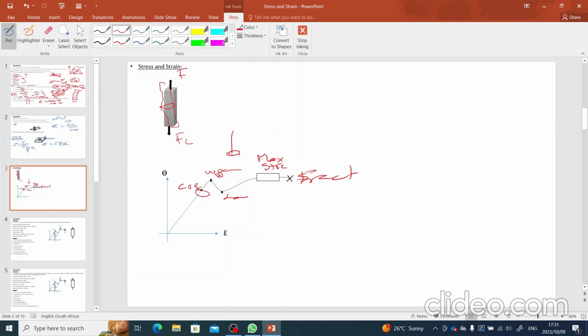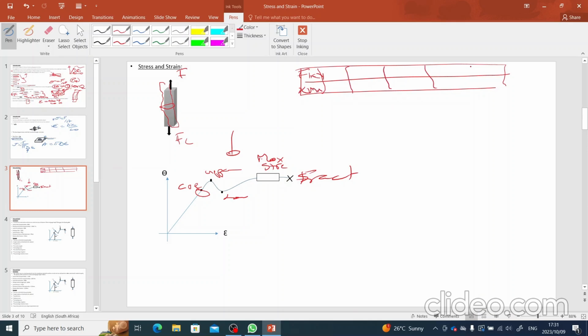You can be asked to draw the stress and strain graph analytically, meaning you will be given forces. This is your force, it's in kilonewtons. Then this is your change in length, it's in millimeters.